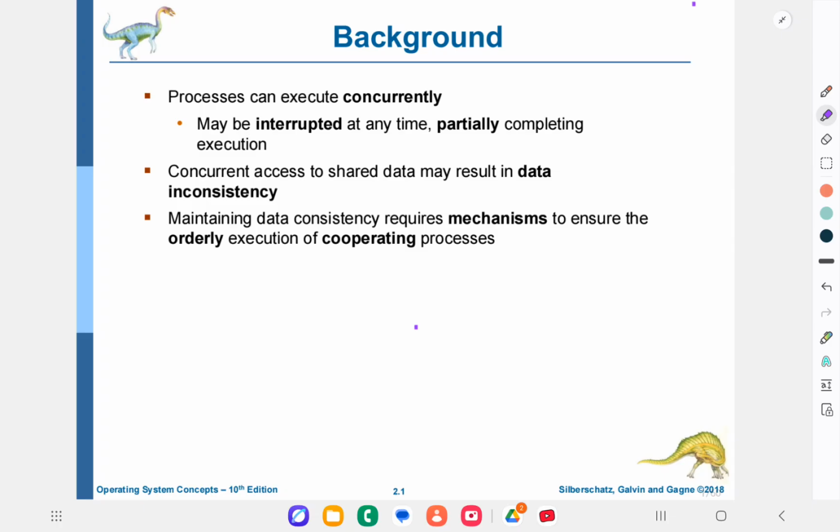And so cooperating processes, or the processes that share data together, may actually be interrupted while operating on that shared data, right? And so if we do not have certain mechanisms or strategies to synchronize access to those shared resources or shared data, we may end up with some data inconsistency.